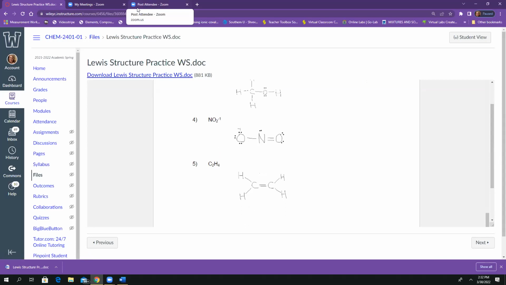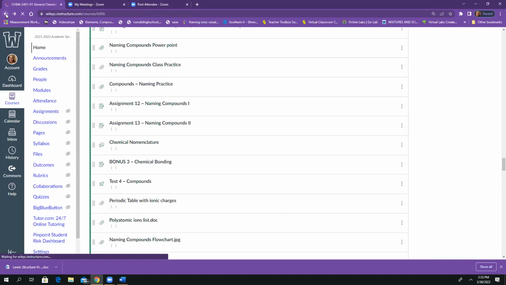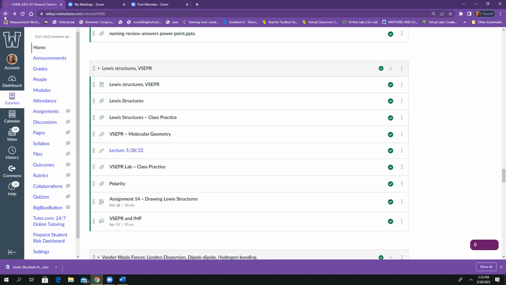Okay, so now that you know how to draw Lewis structures properly, we need to put one more piece into the puzzle here. Okay. So we're going to look at molecular geometry with this.